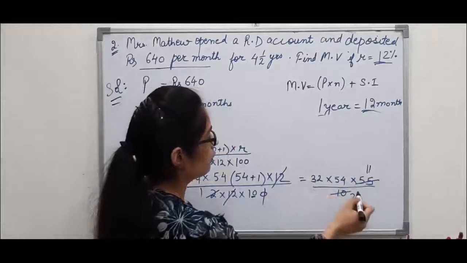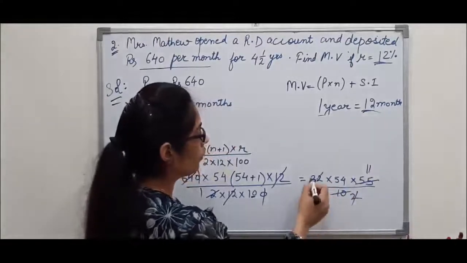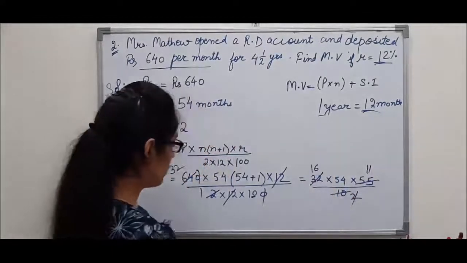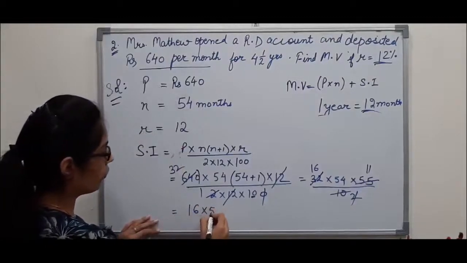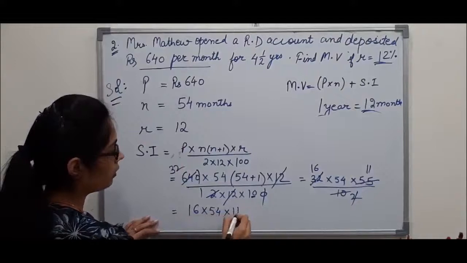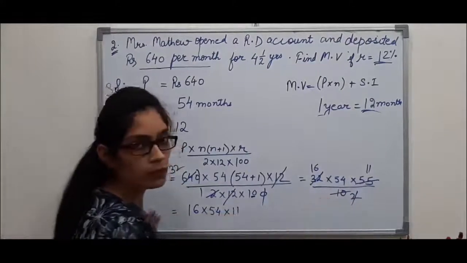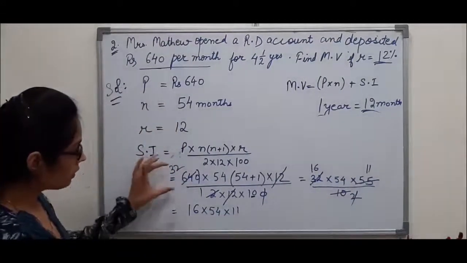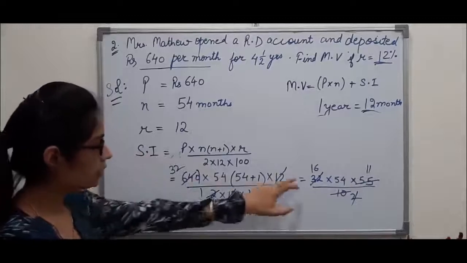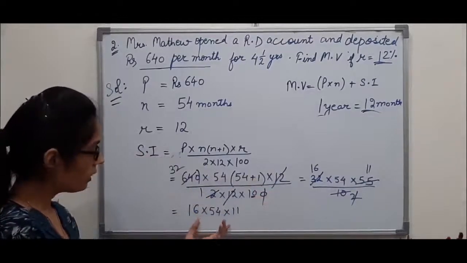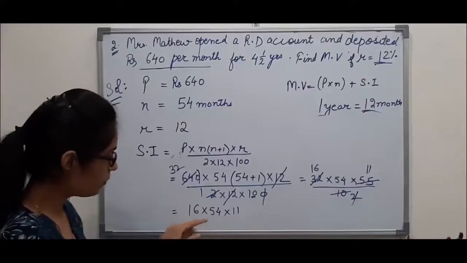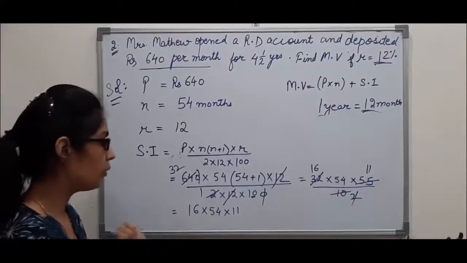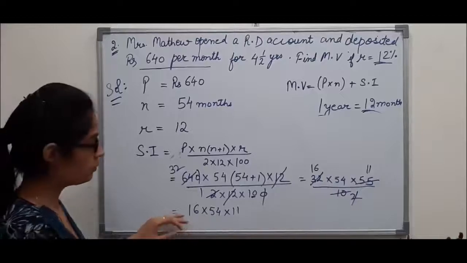Again 2 into 1 is 2, 2 into 16 is 32. Now I am left with 16 into 54 into 11, and the denominator is 1. See, the calculation at the start seemed very complex, but now it has been converted into its simplest form, 16 into 54 into 11. Now we will do this multiplication.